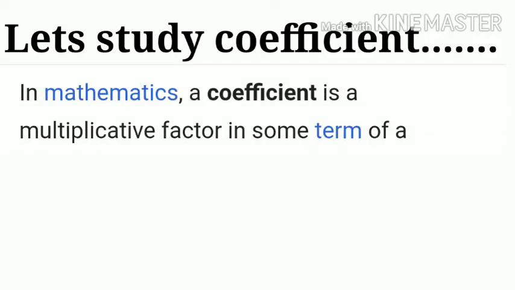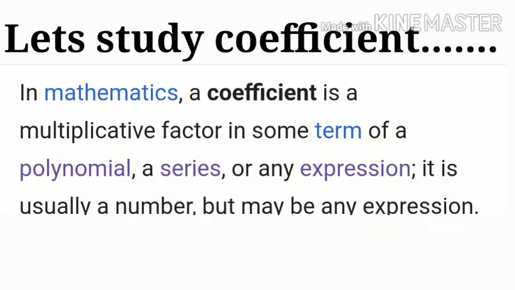Now let's see the next thing, coefficient. In mathematics, a coefficient is a multiplicative factor in some terms of a polynomial, a series or any expression. It is usually a number but may be an expression also.